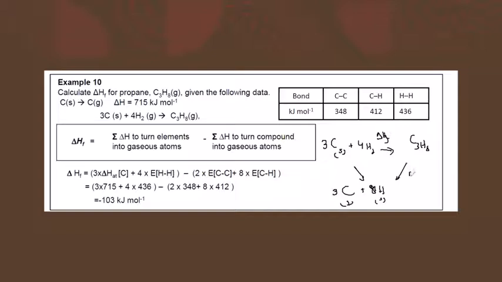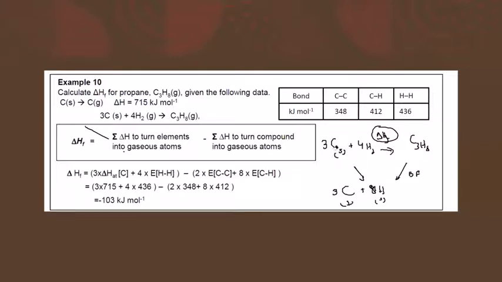This one is bond breaking and bond forming, bond energy for product, and this one is bond energy for reactant. So the enthalpy change to turn the elements into gaseous atoms minus the enthalpy change to turn the compound into gaseous atoms equals the enthalpy change of formation. We make a cycle here and use the values.